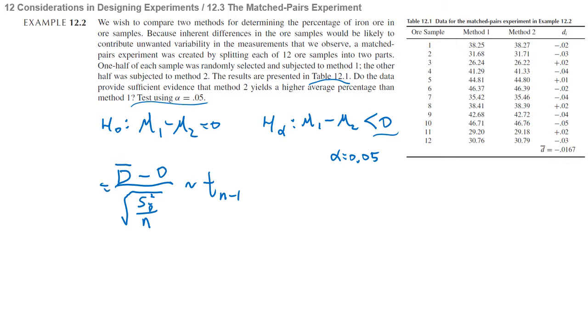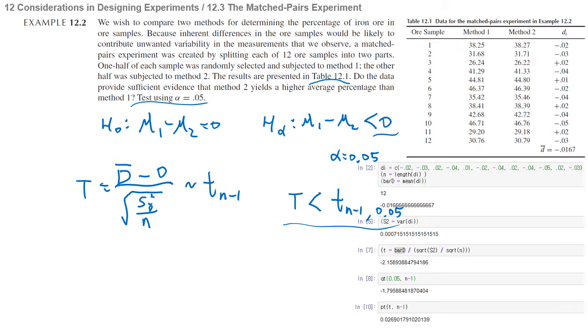So this is our t statistic, and if t is small enough, like less than minus t n minus 1, 0.05, then we will reject the null hypothesis. So this is our decision rule, and let's move on to calculate the test statistic.